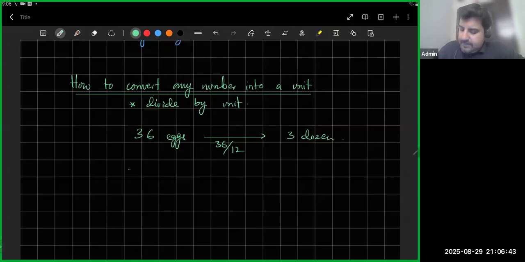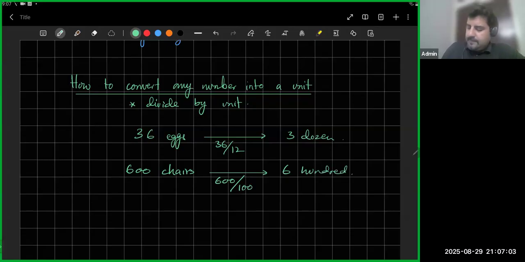I want to convert this number into hundreds. So how do I do that? I take that number and divide it by 100. So कितने hundreds हो गए? That's obviously 600. Let's say I've got 200,000, let's say rupees, right?